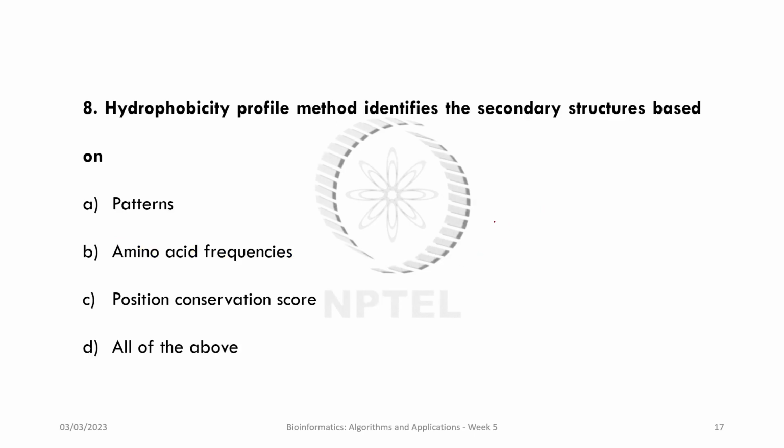Question 8. The hydrophobicity profile method identifies the secondary structures based on: option A, patterns; option B, amino acid frequencies; option C, position conservation score; and option D, all of the above. So I'm expecting different answers for this.